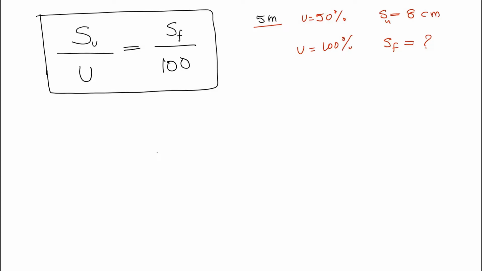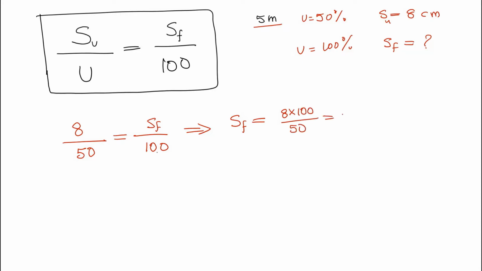I'm taking SU as 8 centimeter, U as 50 percent, and SF as the final settlement for 5 meter that we have to calculate. From this equation we can write SF is equal to 8 into 100 divided by 50, which is 16 centimeter.